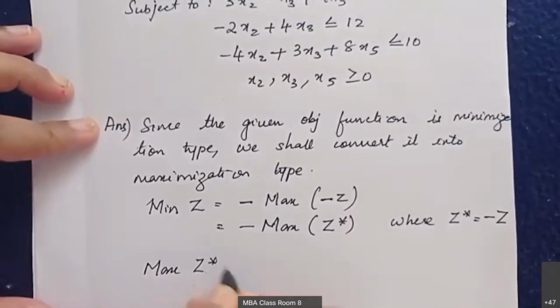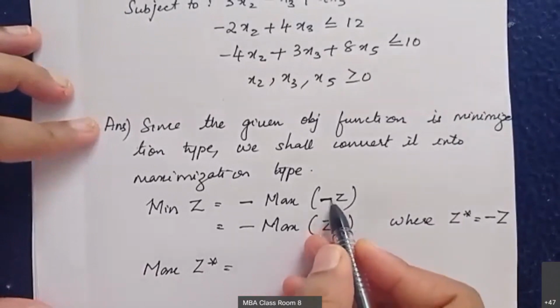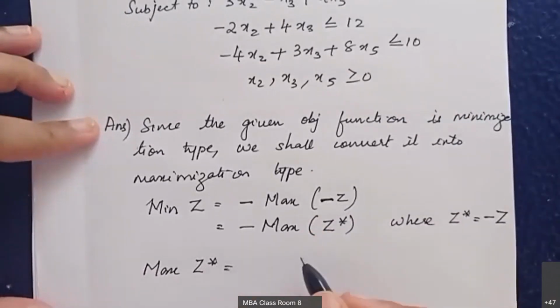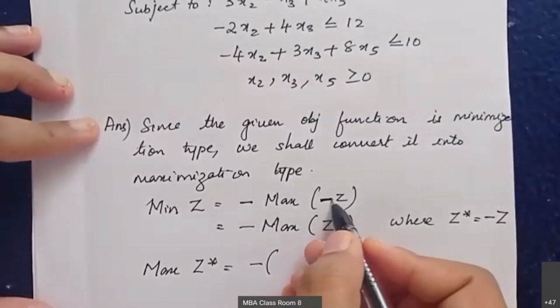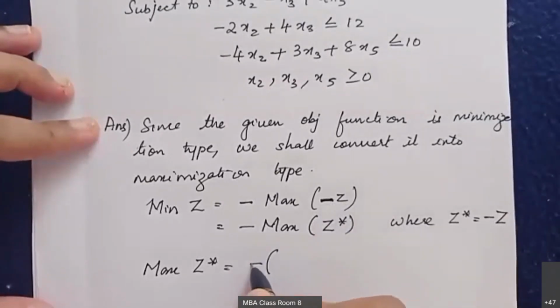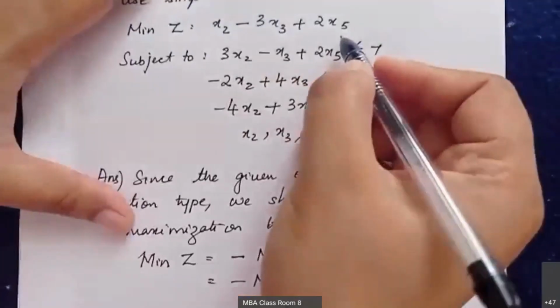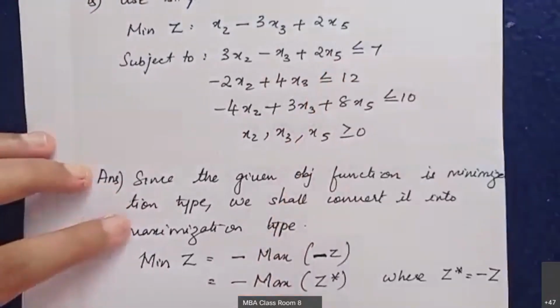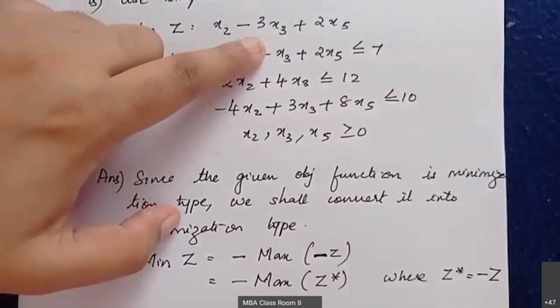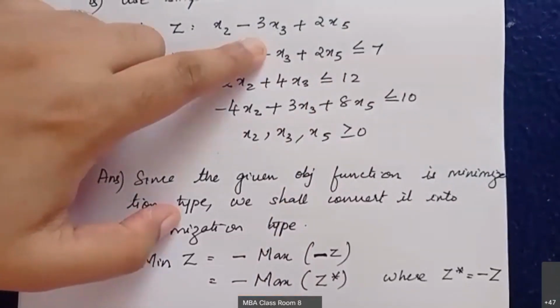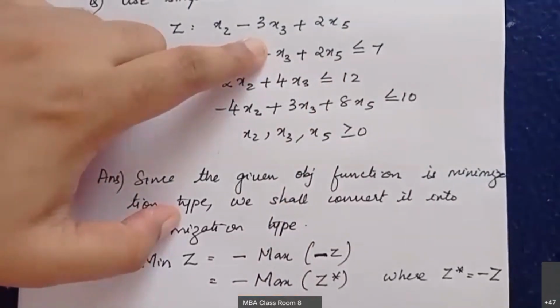Max z star is equal to, so z star already has a negative, right? So I'm going to take that negative into the objective function. This negative is what I have put over here. Negative of, what is our objective function? Our objective function is this one. So negative of x2 minus, over here I have minus 3x3 plus 2x5.